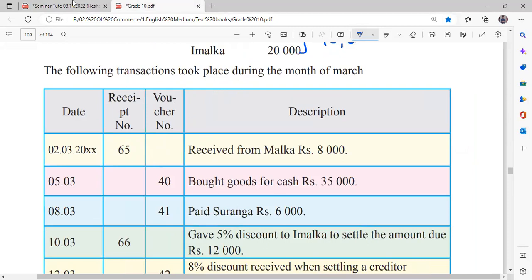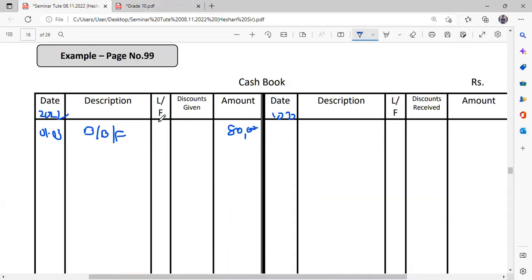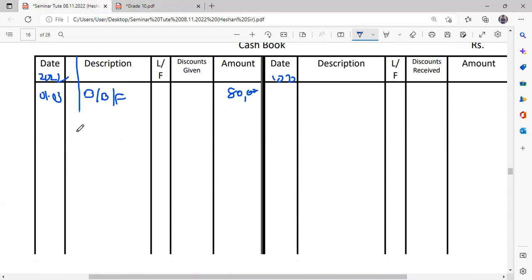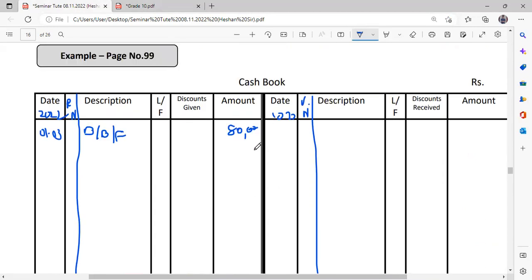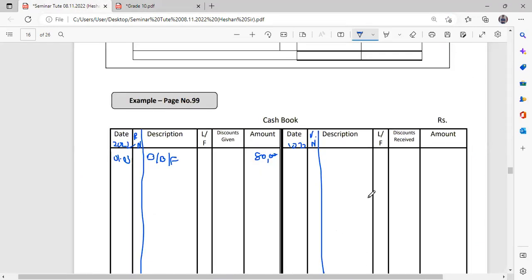In the cash book you need to have two columns. I forgot to keep the receipt number. This is the payment voucher number. The structure is: date, receipt number, description, LF, discounts given, amount. On the credit side: date, voucher number, description, LF, discount received, amount.